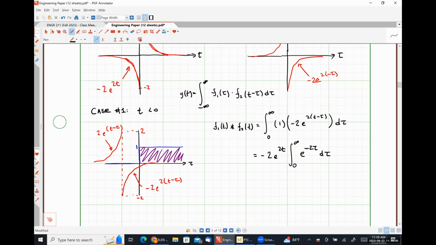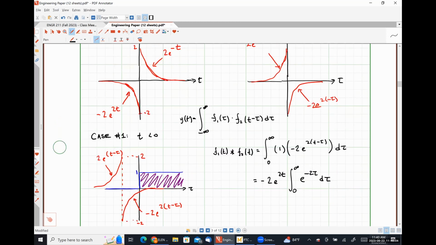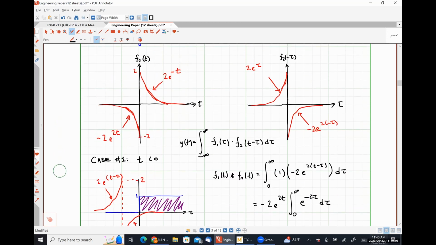Grace? I have a question about how we went from t to t minus tau on this top right graph, this third graph, because one of the curves is positive tau and one's negative tau. Okay. So how did I go from here to here?